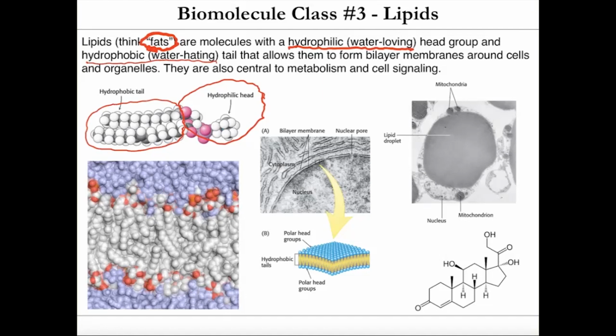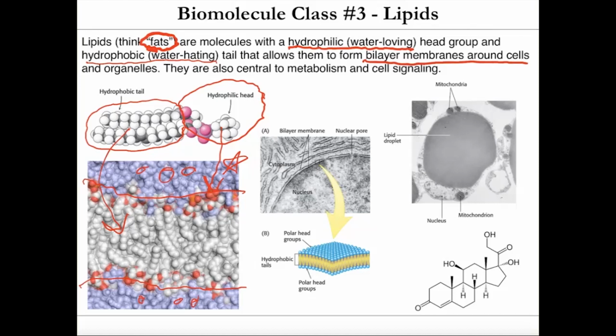And so a really important thing that allows lipids to do this is to form these bilayer membranes around cells. So here's a pretty cool representation of part of a lipid membrane. So this part right here in gray and red is the lipid bilayer. So this tail region is on the inside, and the head region interacts with these water molecules up here in blue on either side.